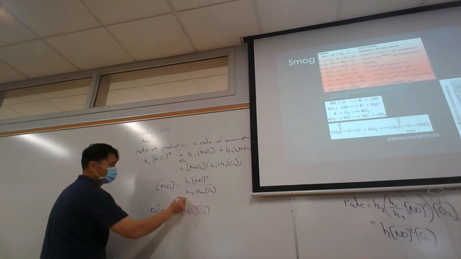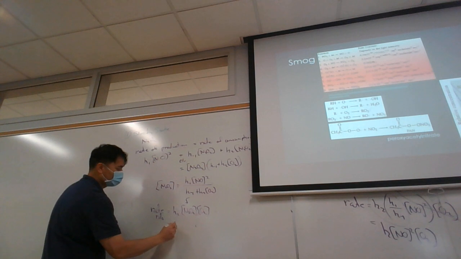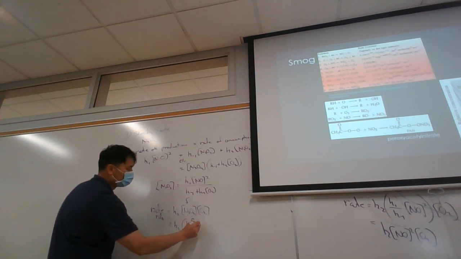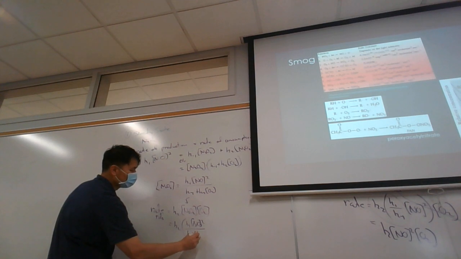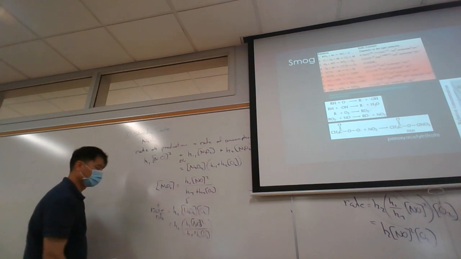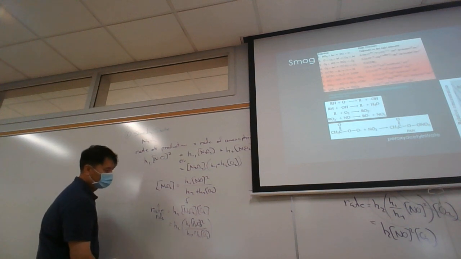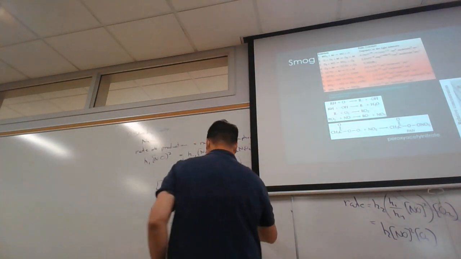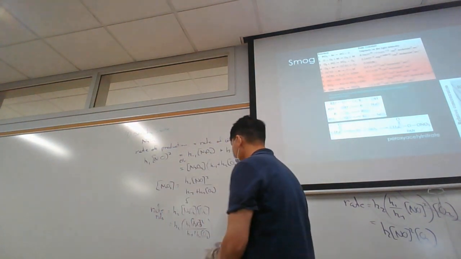And substituting this in here, we're going to get K2, K1 NO squared over K minus 1 plus K2 O2, times O2.